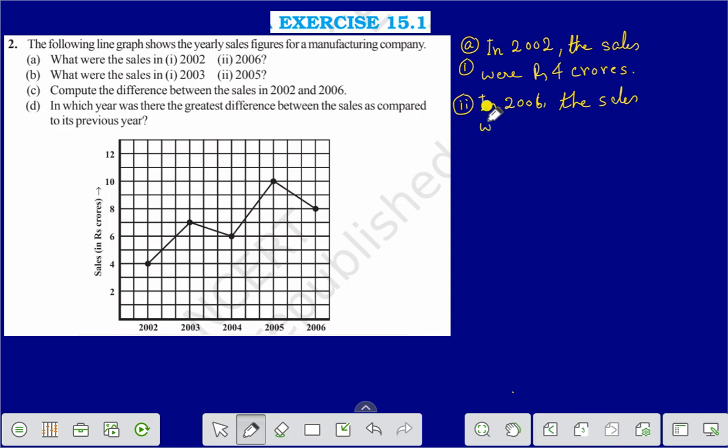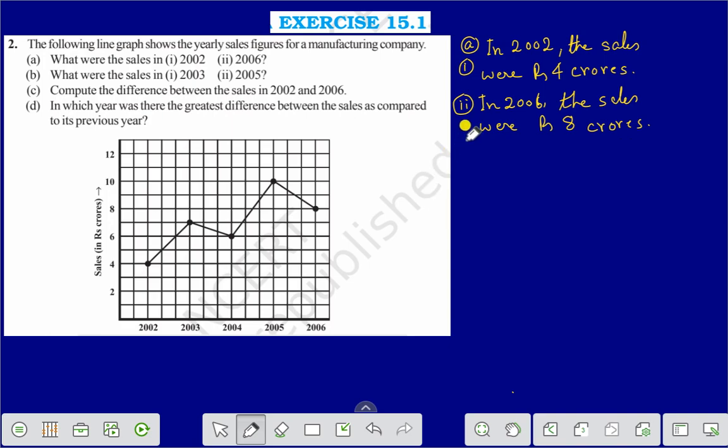Rupees 8 crores. Here you see 2006 this is 8, therefore rupees 8 crores. In 2006 sales were 8 crores.